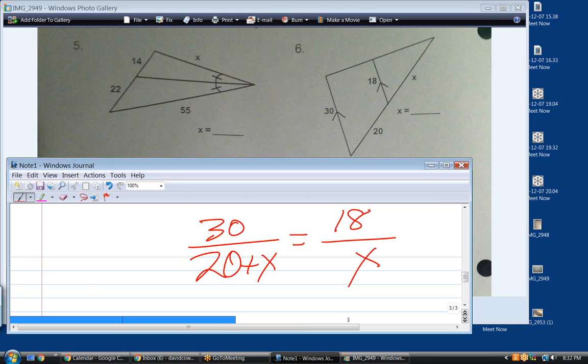That will give me the same answer. But it creates confusion because the only thing you want to make sure you don't do is mix them up. I don't want to compare 30 to 20 plus x and then compare x to 20 plus x. That would be mixing up the two methods.